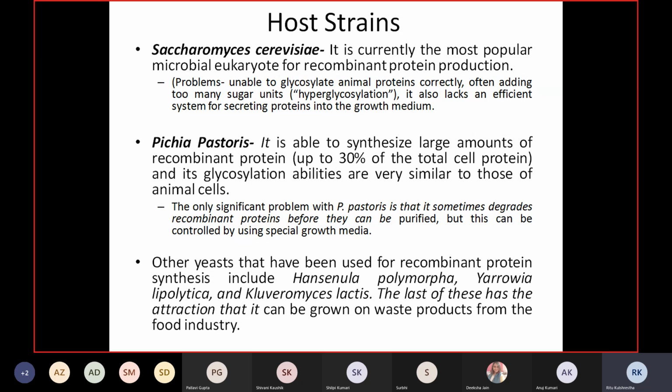But in case of S. cerevisiae, because it's a eukaryotic system, some of the modifications which were not happening in E. coli, they can happen in S. cerevisiae. But at the same time, with respect to glycosylation, it was realized that in case of S. cerevisiae, it rather is hyperglycosylating.